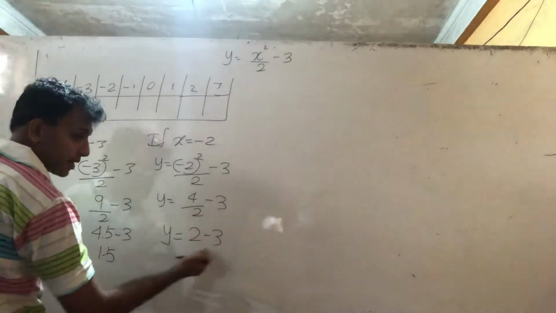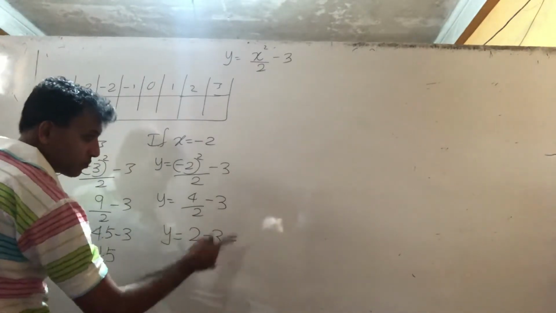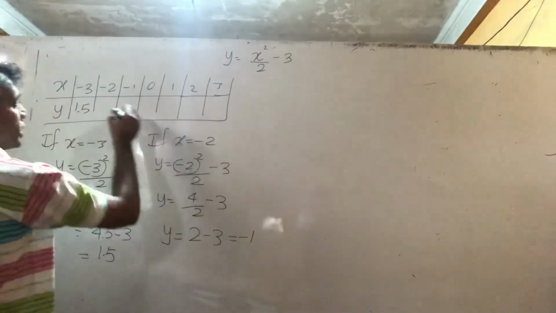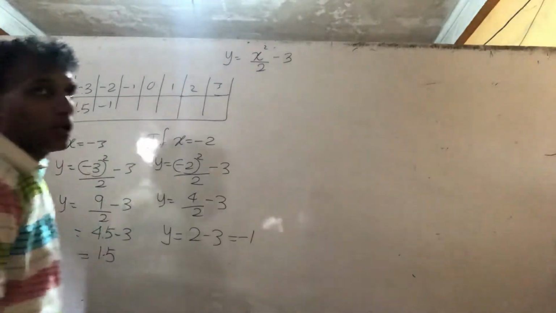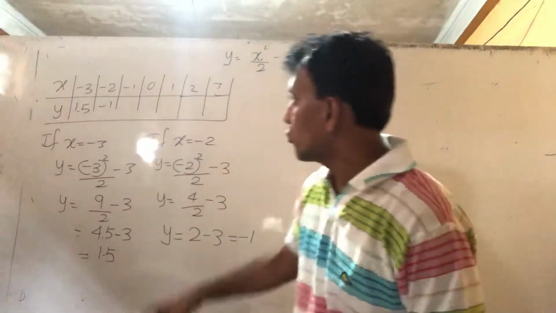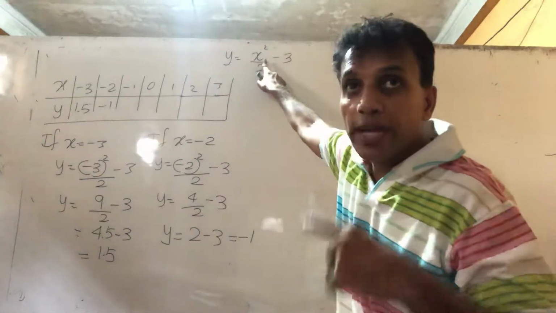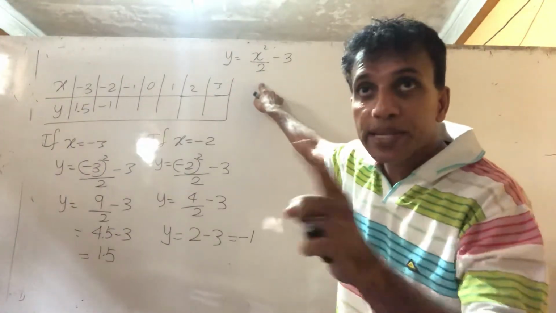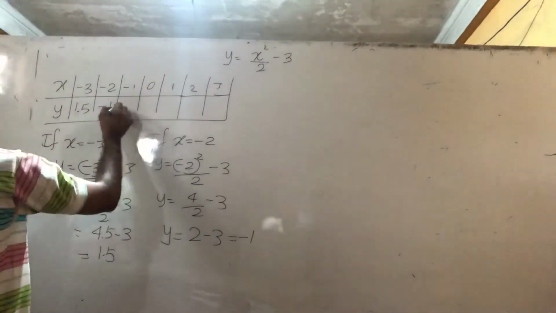Very important, directed numbers. If you say 1, that's a hell of a thing, you can't do this. It is minus 1. Find it the same way for x equal to minus 1. Square is plus 1, 1 over 2 means half. What is half minus 3? Minus 2 and a half. Follow the same method and complete it.